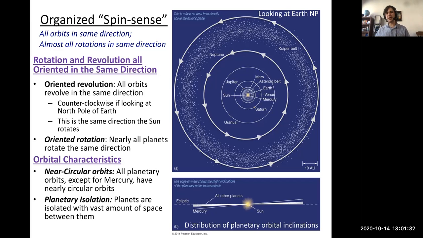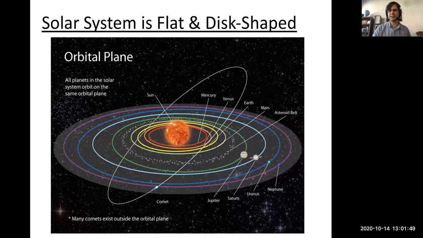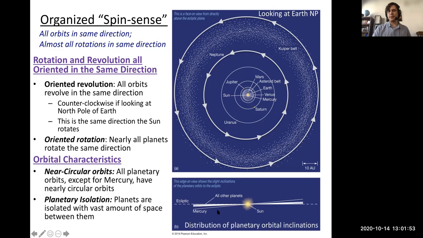And I want to hammer in a concept that's going to become increasingly important as we talk about our solar system. And this is the idea of orbital inclination. So let's imagine that we're looking at the solar system edge on. So we're looking down along the plane of the solar system. And what this image right here is showing you is the distribution of how tipped with respect to the orbital plane the planets are.